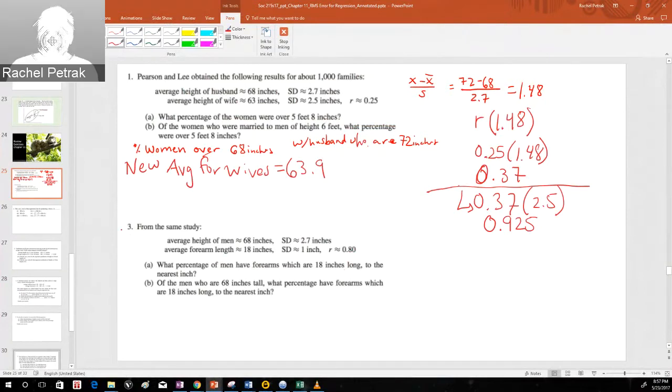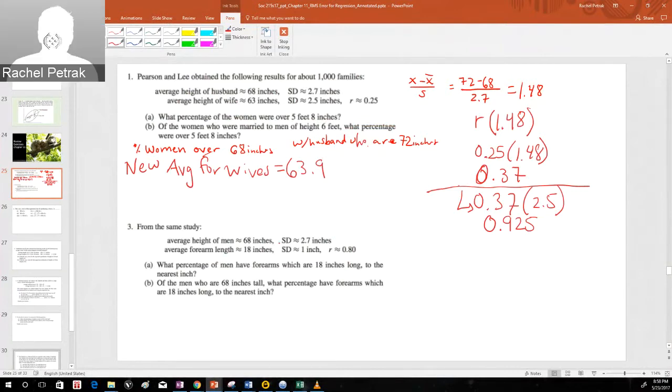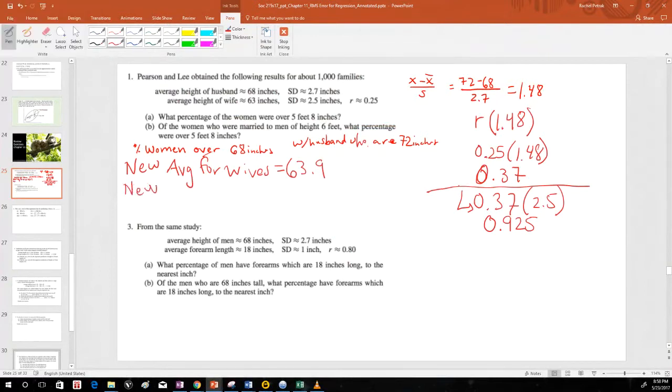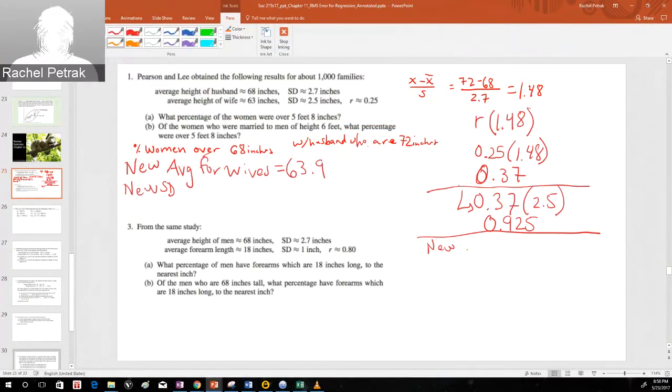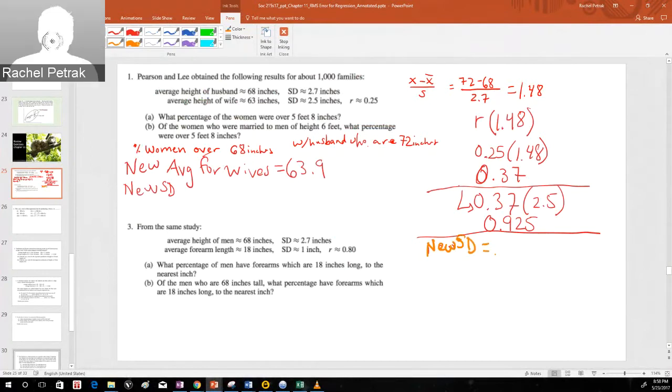Now let's think about getting our new standard deviation. The new standard deviation, I'll switch colors here, the new SD is, again, the square root of 1 minus r squared times the standard deviation of y.